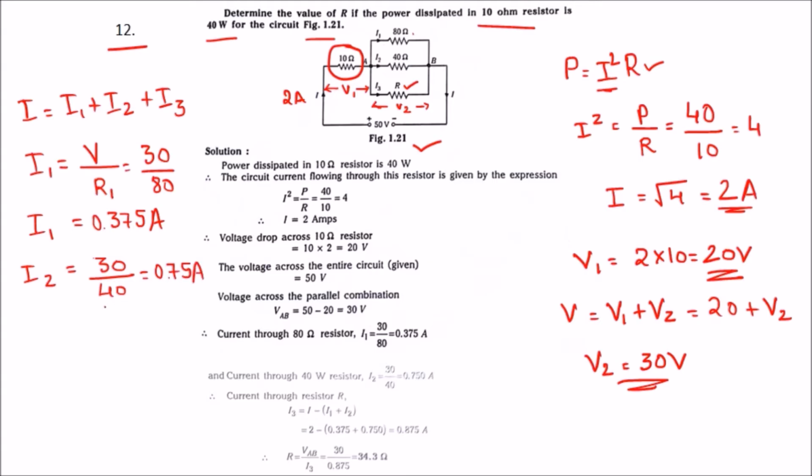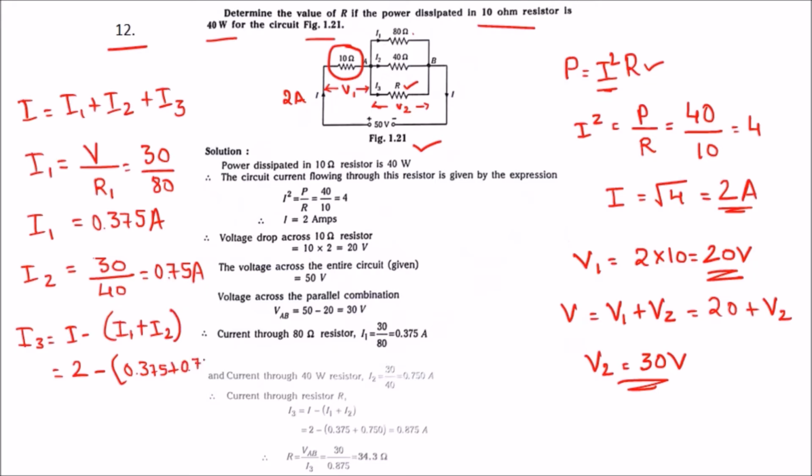Now let us calculate I3. I3 is nothing but I minus (I1 plus I2). So I is 2, and this total is 0.375 plus 0.75.